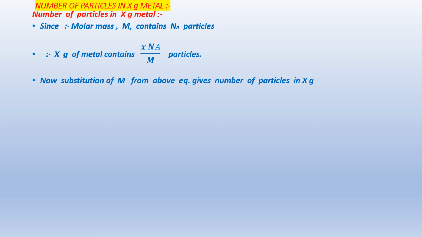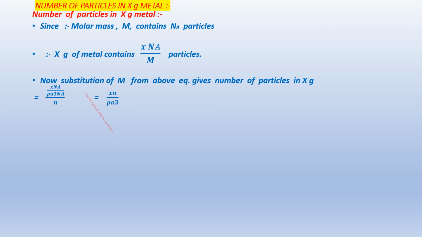Okay, now substituting M from the above equation gives the number of particles in x gram: x into Na upon rho into a cube into Na upon small n. Here Na gets cancelled, and the remaining part is x into small n upon rho into a cube.